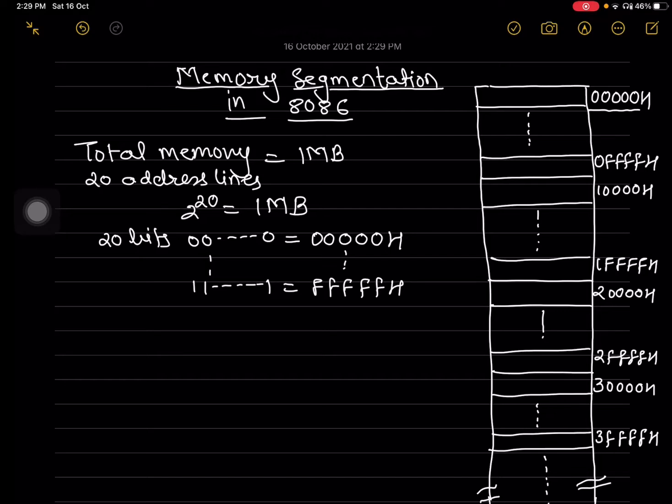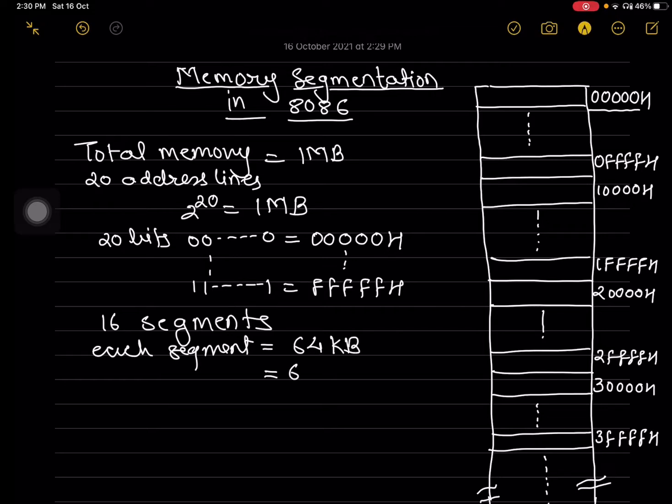Memory segmentation means the entire 1 MB memory of the 8086 microprocessor is divided into 16 different segments, and each segment has a capacity of 64 KB. 64 KB is equivalent to 65,536, which means each memory segment will have 65,536 memory locations. So as per the capacity of 64 KB, a total of 16 memory segments are available in 1 MB memory.